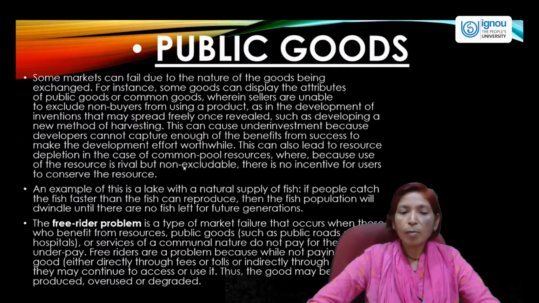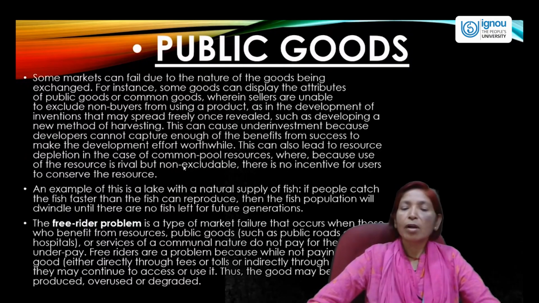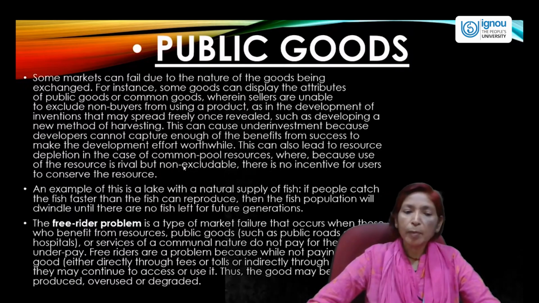The free rider problem is a type of market failure which arises in the case of public goods, which occurs when those who benefit from resources, public goods like public roads or hospitals or services of a communal nature, do not pay for them or underpay.